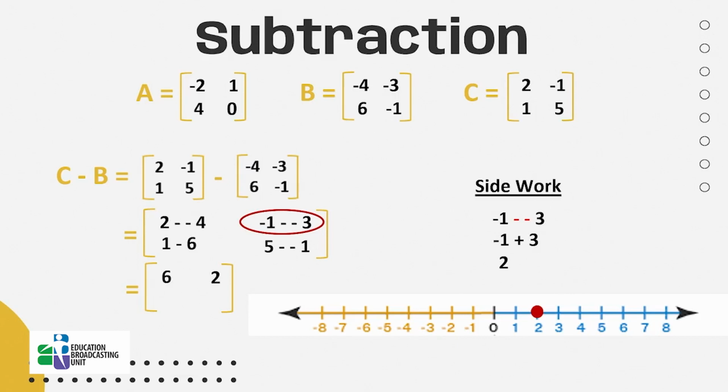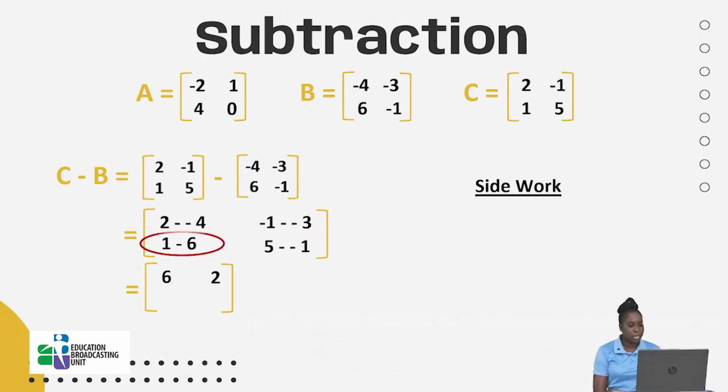So if I have -1 plus 3, I can subtract 1 from 3, that gives me 2, and I'm going to keep the sign of the greater digit, greater value. And 3 is greater than 1, and so 2 is going to be positive. And we don't put the plus sign in front because that's not how we write positive numbers. We just write the number itself.